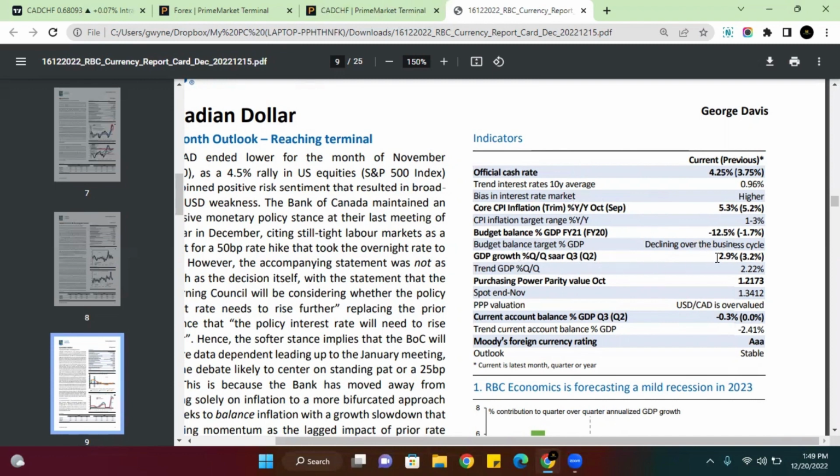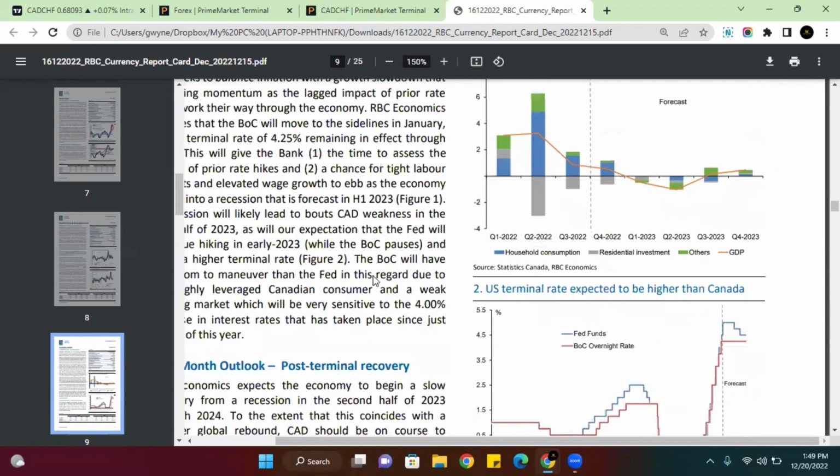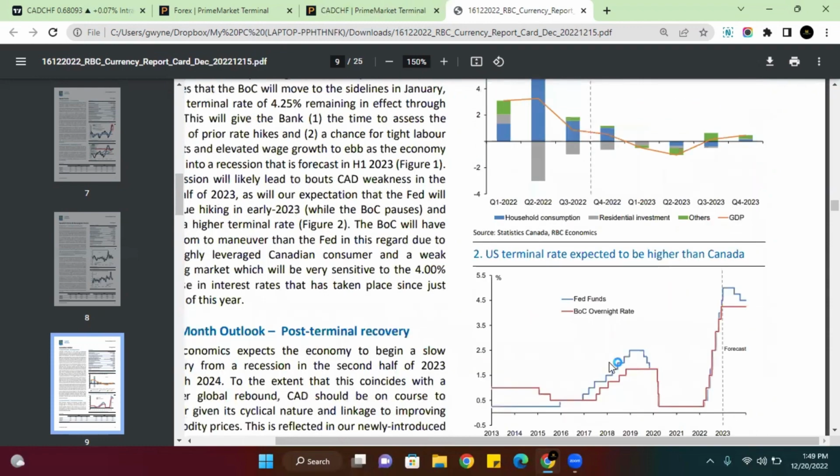Their GDP growth is actually not terrible, but it's lower than expected. And they have a negative GDP Q3 account balance. So it's all bad. That's all negative things for their economy, along with the evidence said here as well. Let me scroll over real quick.